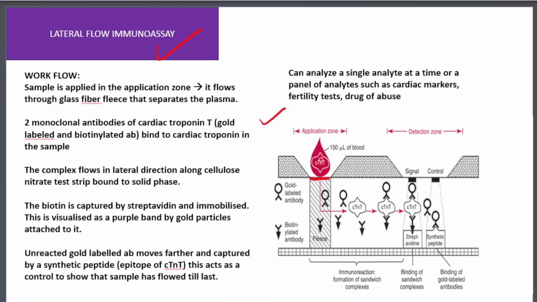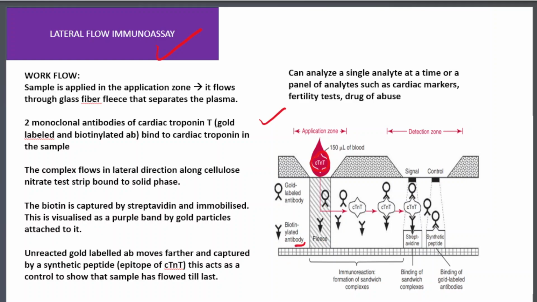In that sample, I'm going to estimate whether cardiac troponin T is present or not. After I place the drop of blood, it flows through the glass fiber fleece here, in which area the plasma gets separated.